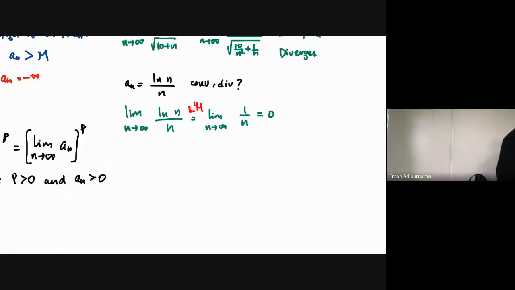And what if the sequence is, converge or diverge? Now we can write this as the sequence: from n equal 1, it's -1, and then squared, and the cube.